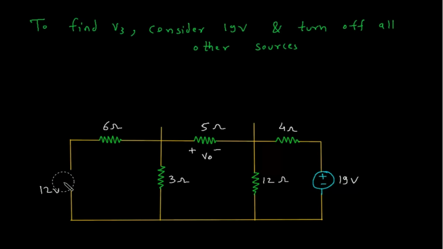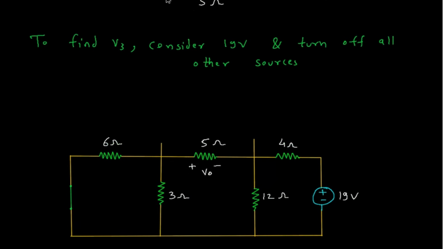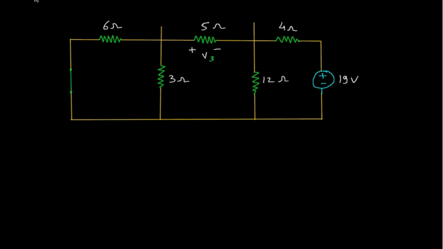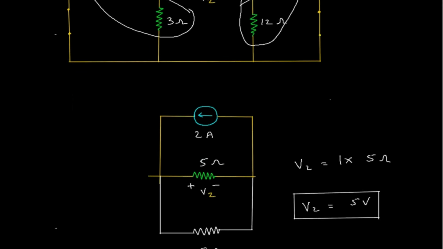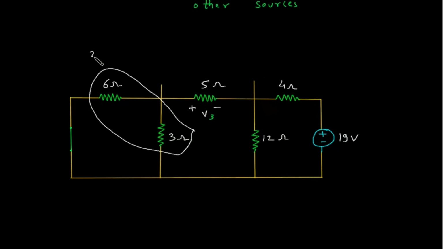This is a voltage source, so it will be turned off and short circuited. This will be V3 because we are finding V3. We can solve this using nodal analysis or the voltage division rule. This 3 ohm parallel with 6 ohm, we have already calculated, is 2 ohm.